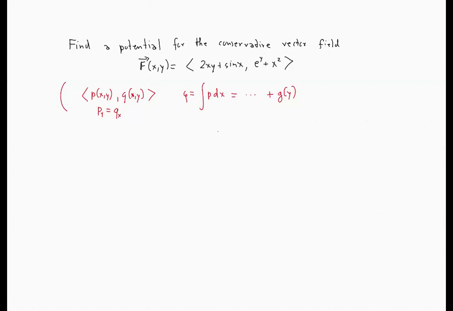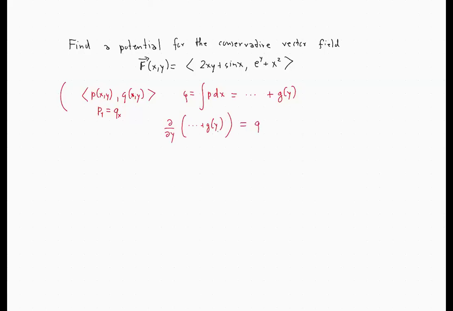Which means that in order to find the specific expression of y that you need, you will need to make sure that what you found checks out for the second component, meaning that the derivative with respect to y is equal to Q. Okay, so this will enable you to actually identify g.